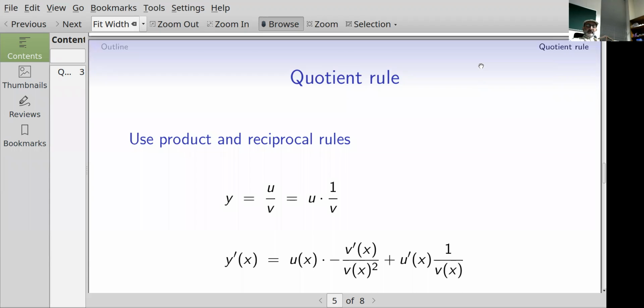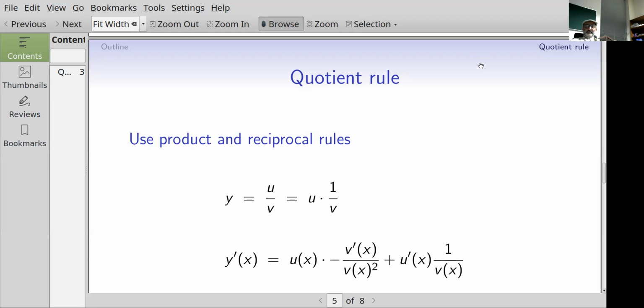So using the product rule, the derivative of y is u times the derivative of 1 over v, which is minus the derivative of v divided by v squared, plus the derivative of u times 1 over v.